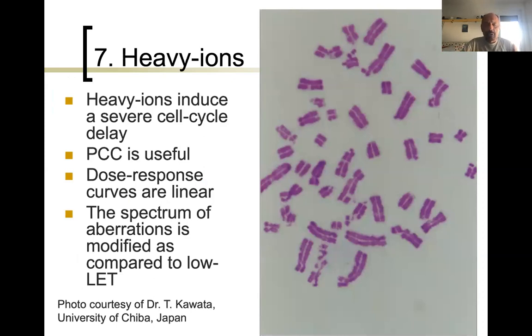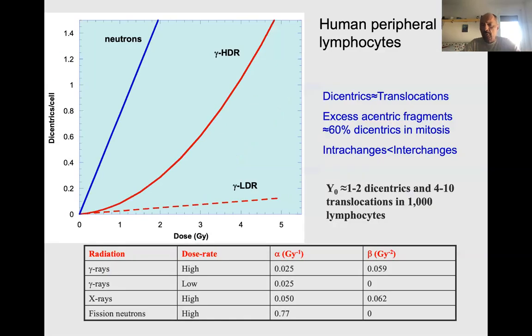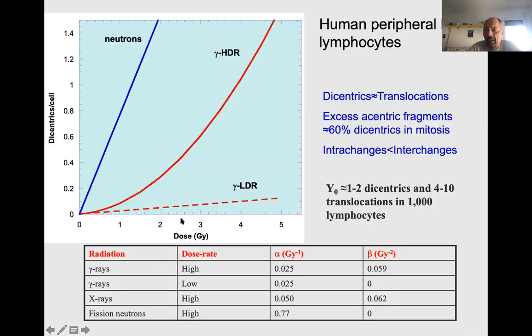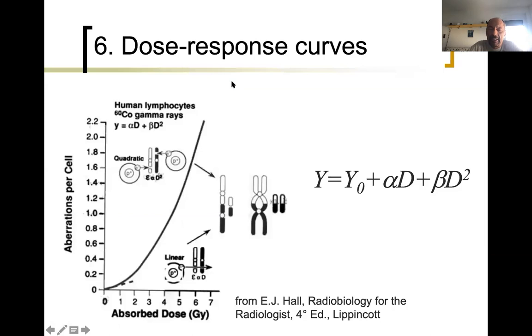I want to conclude, though, by going a second back to the low dose rate data, because this is important. If you look at the classical model, the Douglas-Lee model, why does the curve become almost linear at low dose rate as compared to high dose rate? The reason is simple.